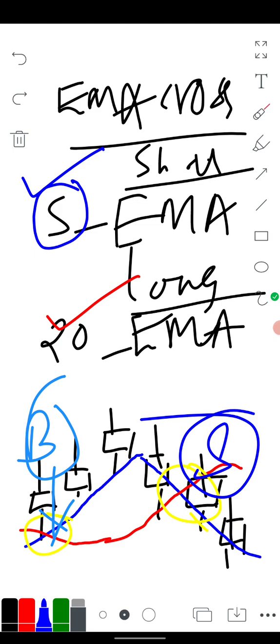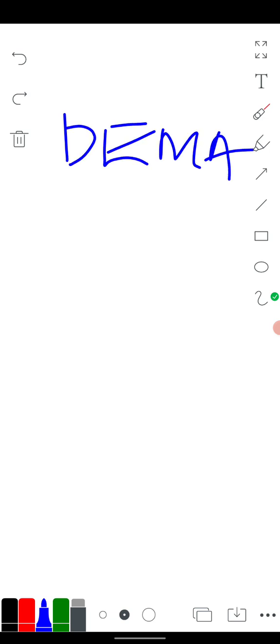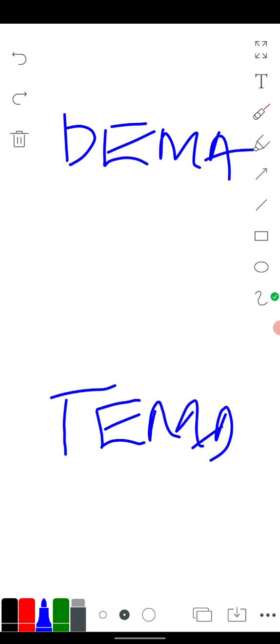This is the strategy of EMA cross, and we will be having a triple EMA also. In this triple EMA we will be having the same, but the difference between double EMA and triple EMA is the closeness.